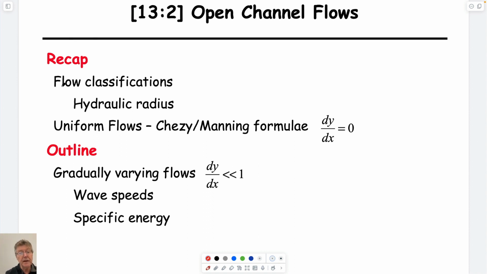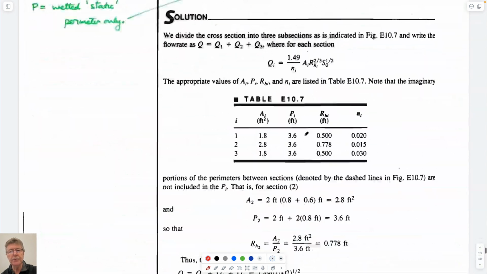So this is what we talked about last time. We talked about hydraulic radius and how we use that for Reynolds number rather than diameter, the characteristic length. We talked about uniform flow, gradually varying flow, and rapidly varying flow. And we talked about the Chezy, or the Manning formulae, which are, for this case, where it's the same depth as you go downstream as upstream.